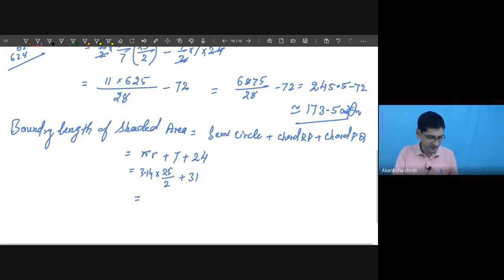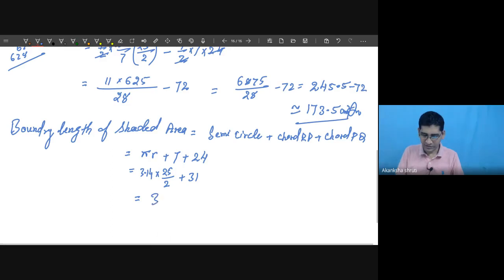Yes, student, how much are we getting? Let me calculate it quickly. 3.14 multiplied by 25, 78.5, 39.25.